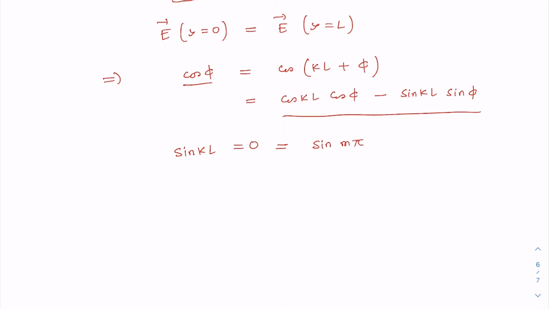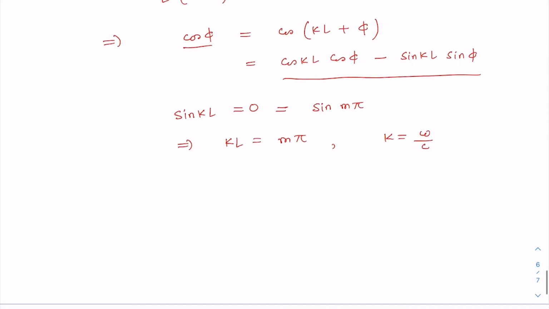Okay, m is an integer, so it implies that kL should be equal to m into pi. You remember that k is equal to omega by c, so I can further write that omega is equal to m pi c by L. So this frequency gets discretized because of the boundary conditions.